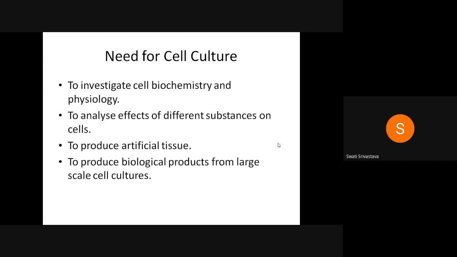Then, next is to produce biological products from large scale cell cultures. Now, suppose you try to isolate insulin for diabetic patients, then you need large amounts of cadavers, that is, dead bodies, from where you can isolate insulin that will be compatible with human insulin.